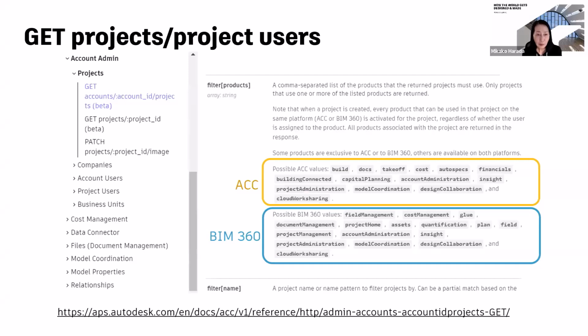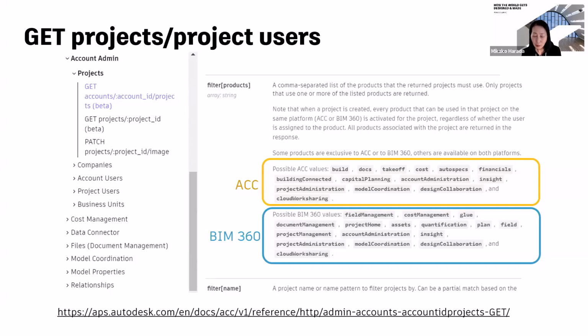Okay, so for the next couple of slides, I'm just pointing out something you may overlook, especially if you are like me, I usually look at the documentation carefully only after we encounter things that work. So some of the pages show a filter by products. There is a difference between ACC and BIM 360 product offering.